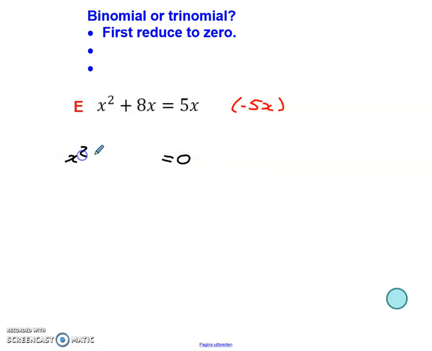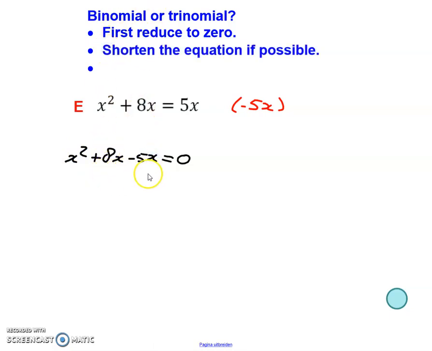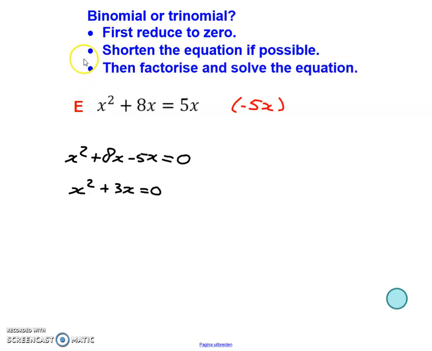And on the left side, we also do minus 5x. And then you see why you need to shorten, because we have 2 like terms. This is not a trinomial, because this will be x squared plus 8x minus 5x, that's 3x. Now you see why you need to shorten, and now we can factorize and solve it.